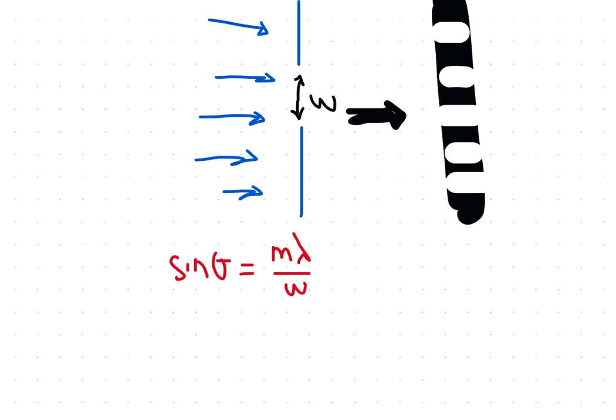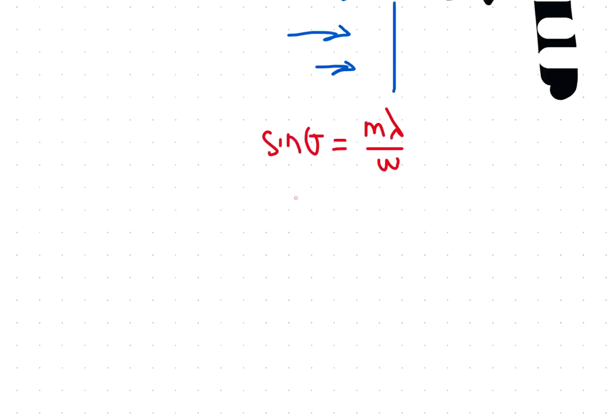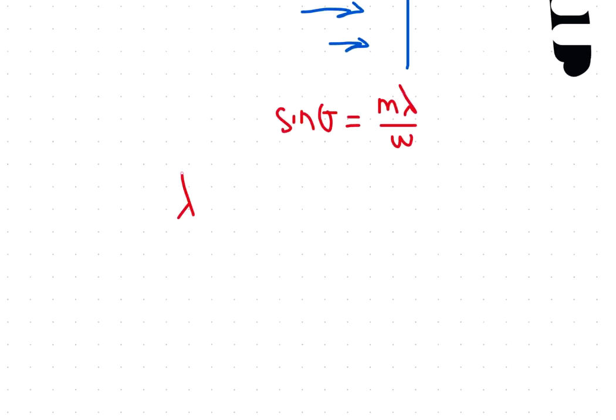So to set this up mathematically, our original ratio was lambda over W. So if we rewrite our new wavelength as lambda 1 equal to 2 lambda, and our new slit width as W, we want the new fraction to equal the old fraction so that the angle theta doesn't change.